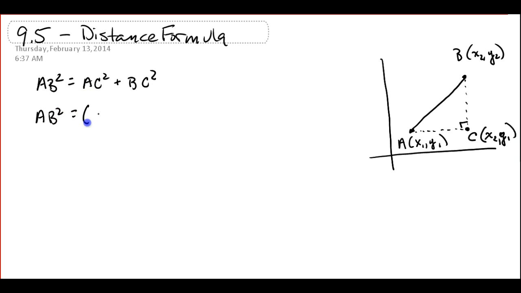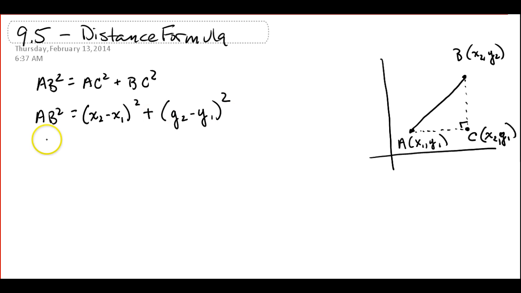and AB squared would be, if I need the distance from A to C, so that's the difference in the x coordinates there, so that would be x2 minus x1, and the order I subtract these really isn't important since I'm squaring it, it's going to become positive anyway. And I need the distance BC, so that's the distance between y2 and y1, so that'll be y2 minus y1 squared.